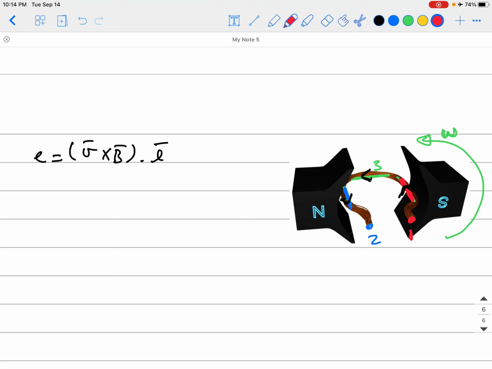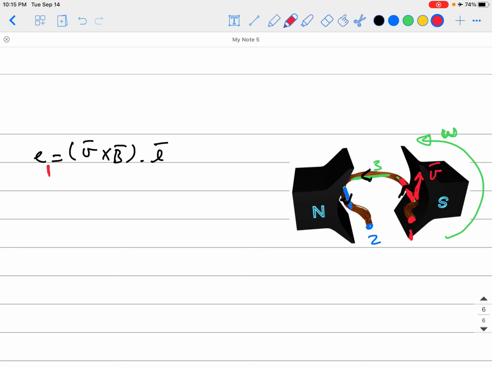If I look first at conductor 1, the red one here, if this rotates anti-clockwise, that means the velocity on this side will be pointing upward like this. So this is V, because it will rotate up like this, anti-clockwise.